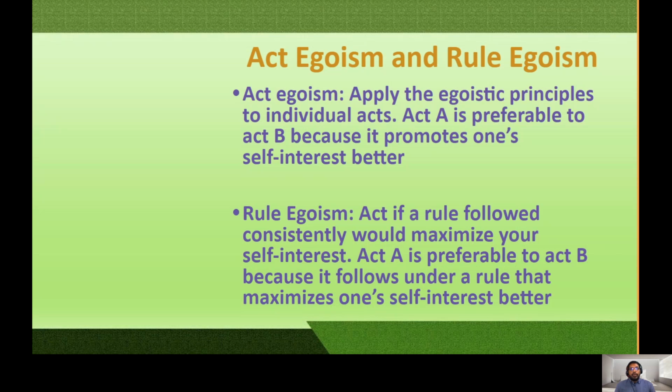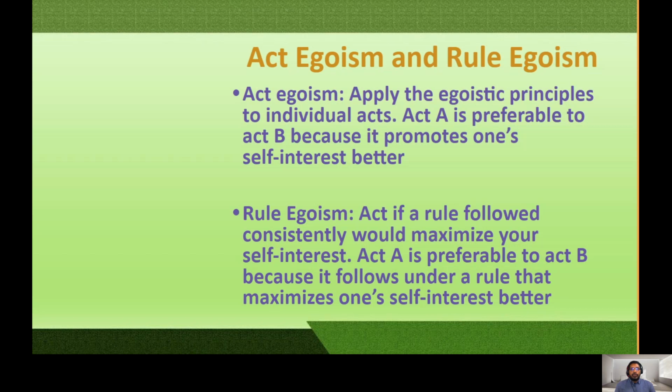Now, rule ethical egoism does not focus on the individual act. It chooses a certain set of rules to live by, and then if I live by these rules, whether it produces happiness to me or it promotes my self-interest, then it is rule ethical egoism.